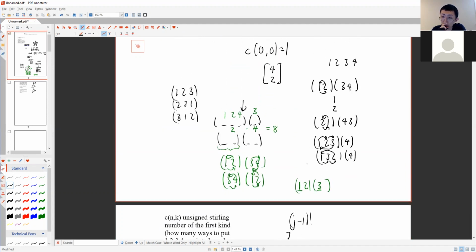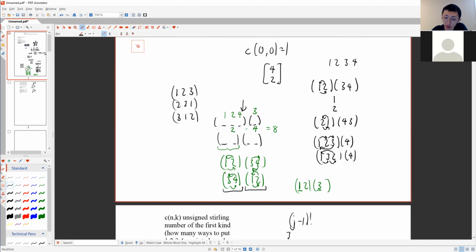Okay, so we're finding the Stirling number 4, 2 of the first kind. Instead of 6 ways, how many ways can I put them into two cycles, I mean, two cycles of size 2?